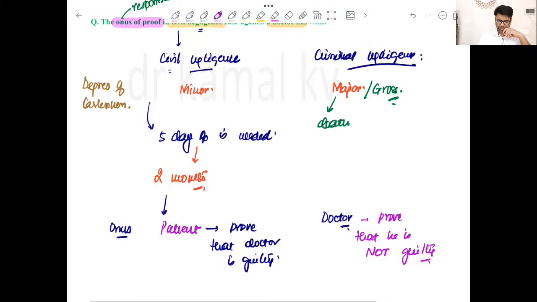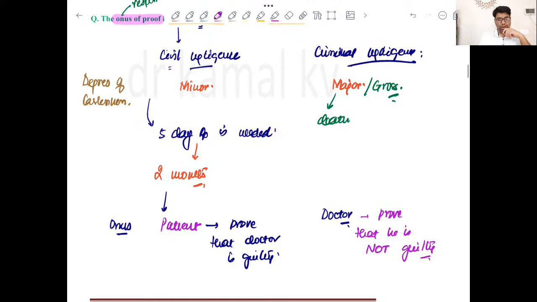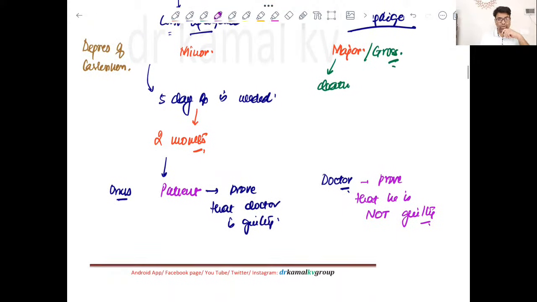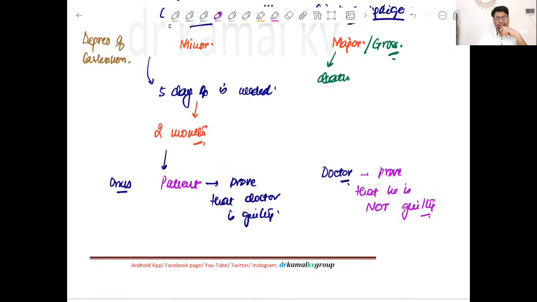Okay, and therefore in civil negligence it is all up to the patient to prove that the doctor fell short of the required level of skill and care. And one more point you can add here: if you have taken consent, then it is protective for the doctor, right?